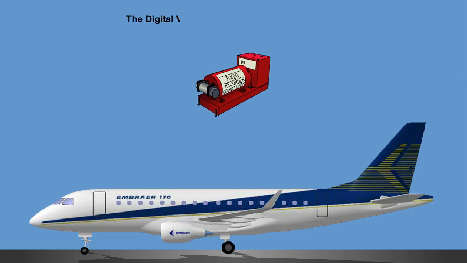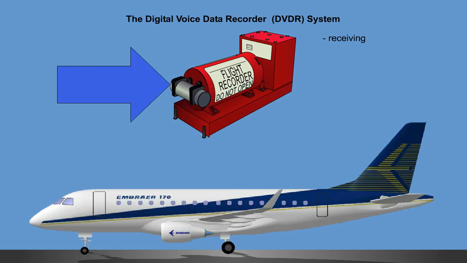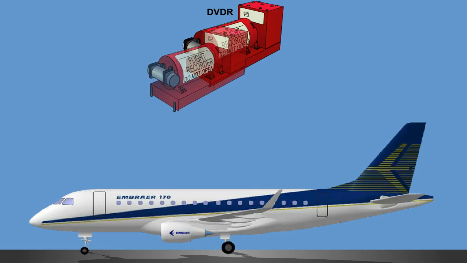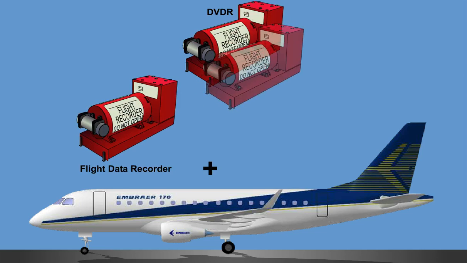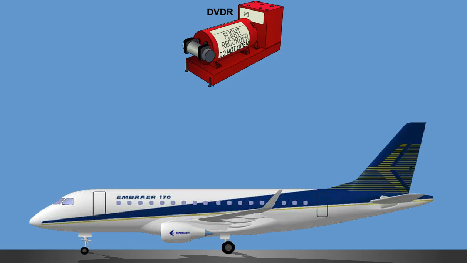The Digital Voice Data Recorder, DVDR, system is capable of receiving, recording, and preserving all required flight data parameters and voice recordings on board the aircraft. It combines the function of a flight data recorder with the function of a cockpit voice recorder in a single solid-state recording unit.